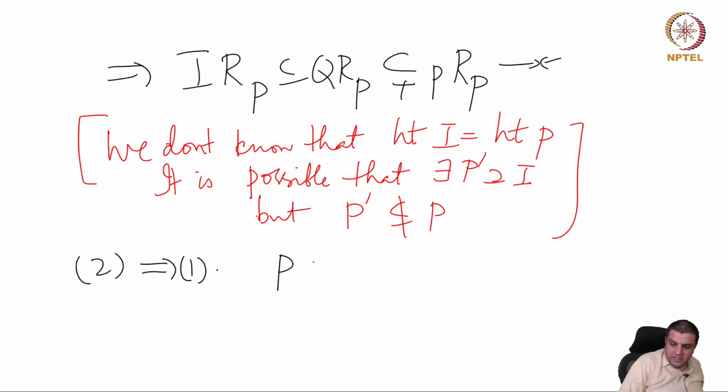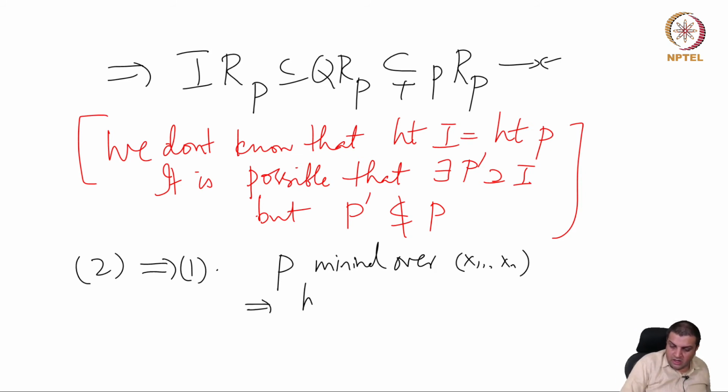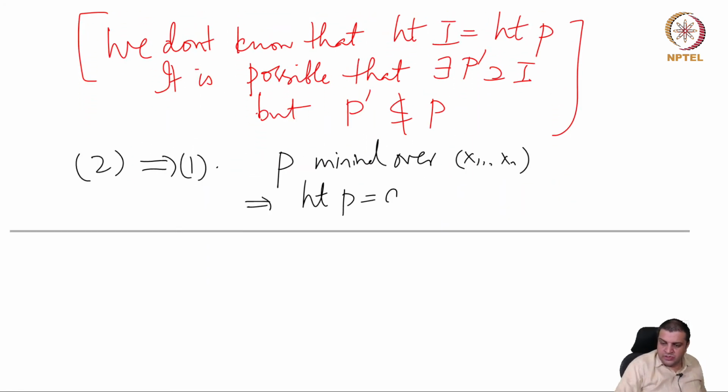P minimal over x1 through xn implies that height of P, which is equal to dimension of R localized at P, is less than or equal to n, because again the same reason: these things form something primary to the maximal ideal in this local ring, and that cannot be greater than n. Okay, so this is the end of this.